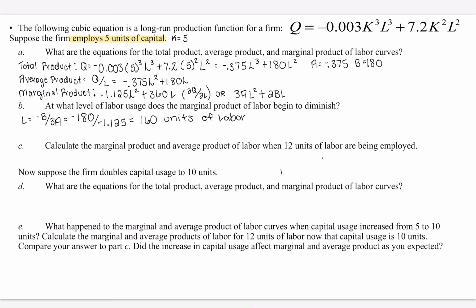Calculate the marginal product and average product when 12 units of labor are being employed. So this 12 units of labor means that L is equal to 12. And we need to substitute in.